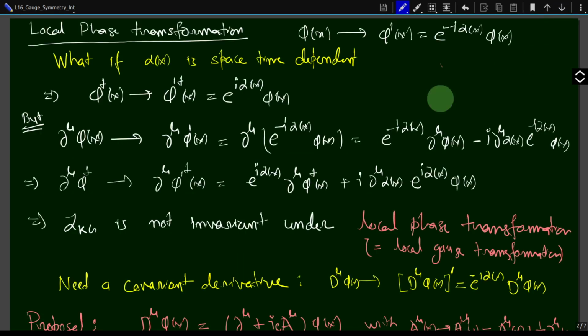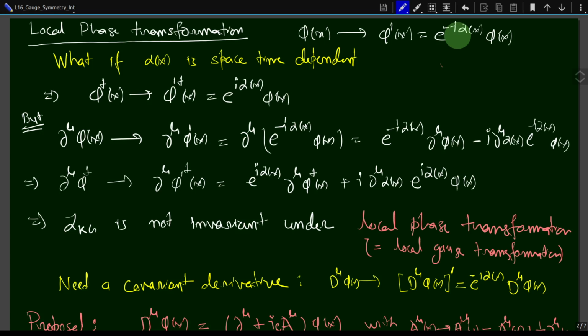Now we move on to fields where we make the transformation local. It is a local phase transformation. Technically speaking, this is the right name for what we usually call the gauge transformation, because initially what people did was change the scale of the field. The exponential without the i, with alpha being real, is a scale factor, so it will scale up or scale down the value of the field.